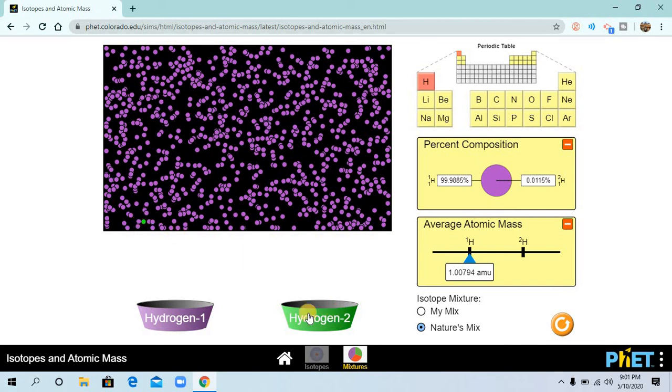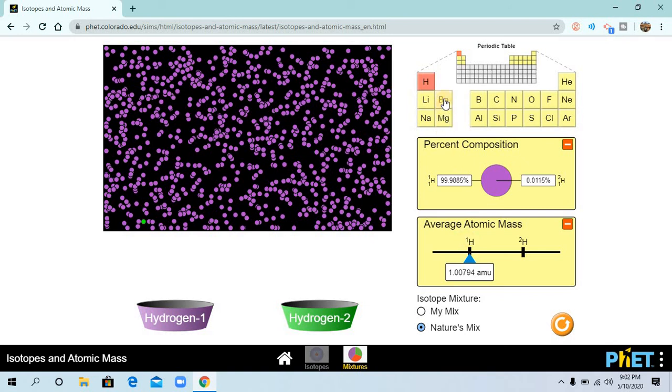That's your hydrogen-2, and the remaining are hydrogen-1. That means the percentage composition of the hydrogen-2 isotope is very, very low compared to hydrogen-1. So the average atomic mass is very close to H-1, because hydrogen-1 isotopes are much more abundant in nature, right?